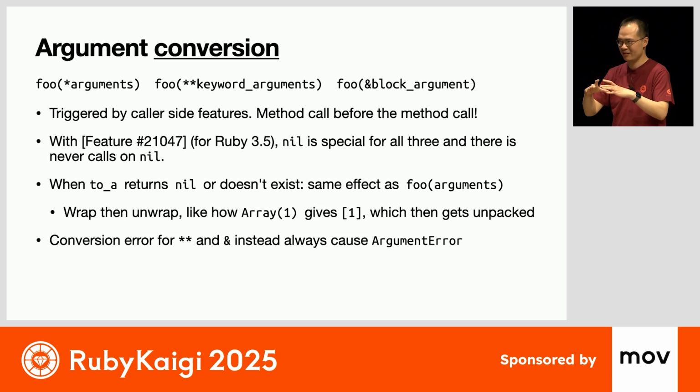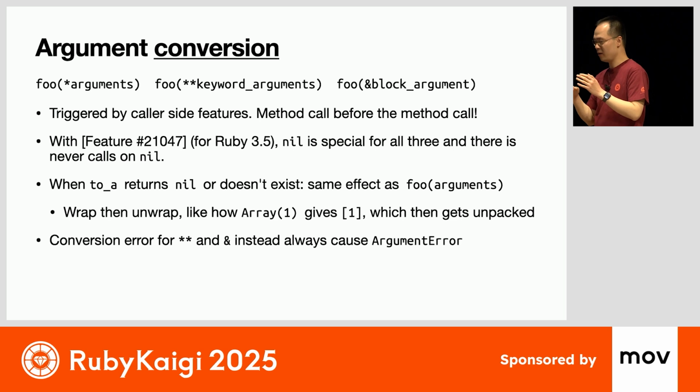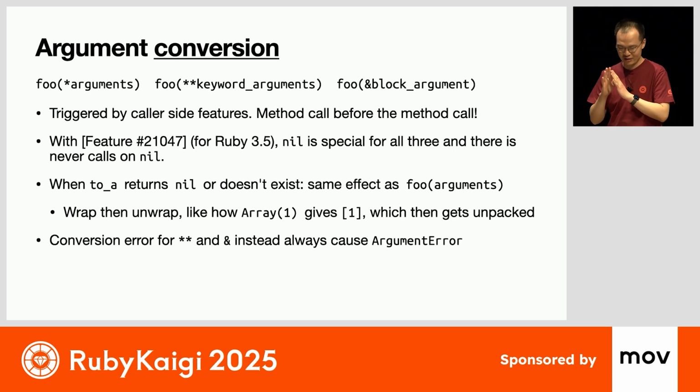So you're wrapping the array and then unpacking it. You end up with what you started with in the beginning. Somewhat of an odd feature, but maybe it's not fully intended for use. It's just a side effect of being consistent with the capital A Array method on Kernel, which also does this when the conversion fails, it wraps in a one element array.